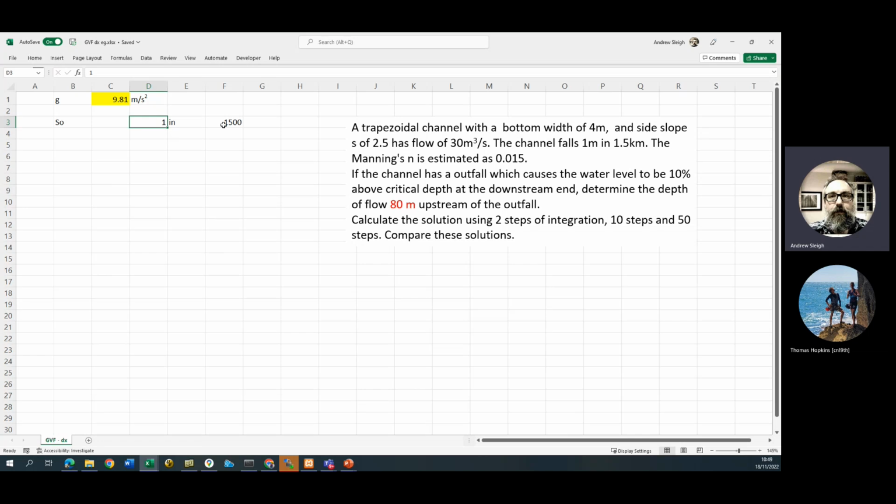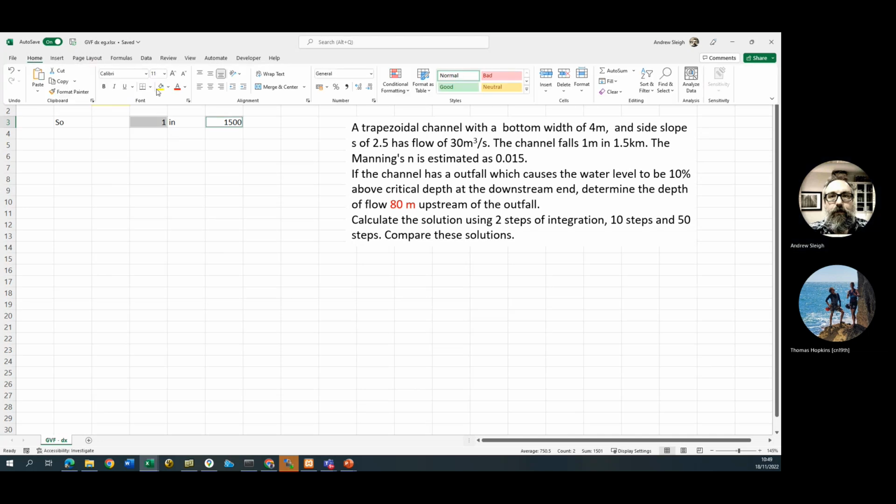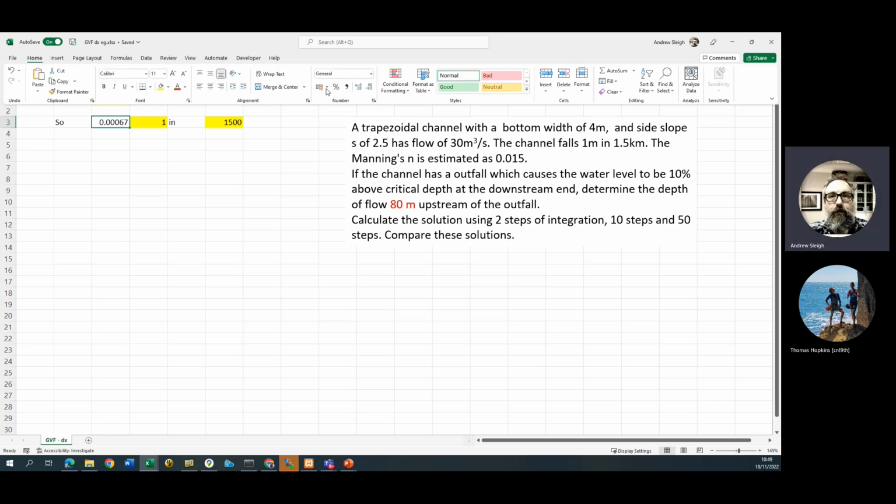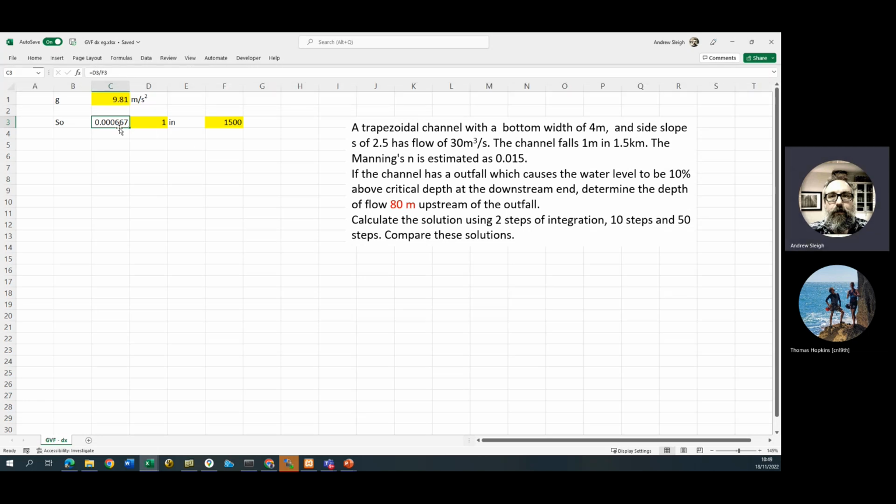Probably colour those two in yellow, as they're given, and we calculate this S0 is equal to that 1 divided by that 1500. Let me show that a couple more decimals, so I'm showing 3 significant figures on that one.